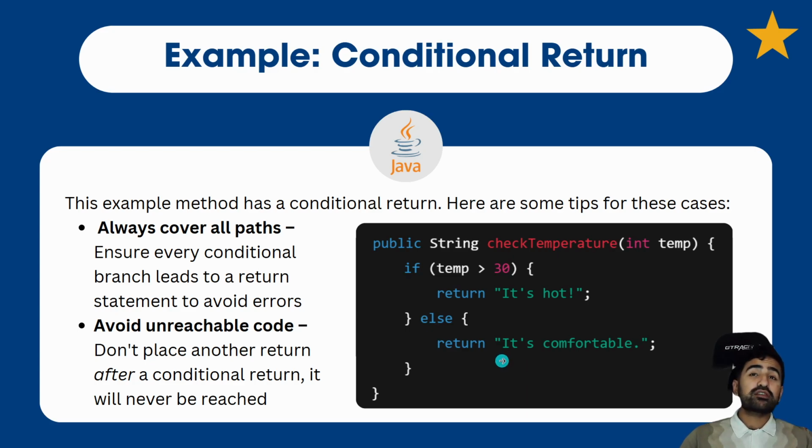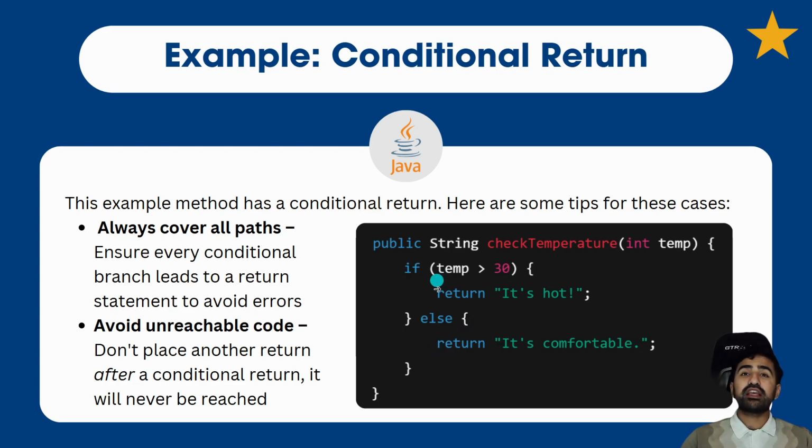There are some things to be careful with. So always cover all the paths. So if your conditional has a path without a return statement, it's going to trigger an error. So every single branch has to have a return because there shouldn't be a single case where it won't return anything. You have to avoid that.